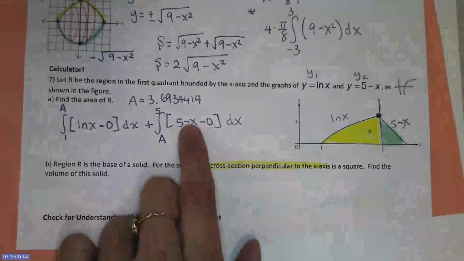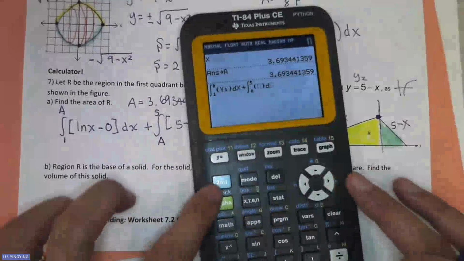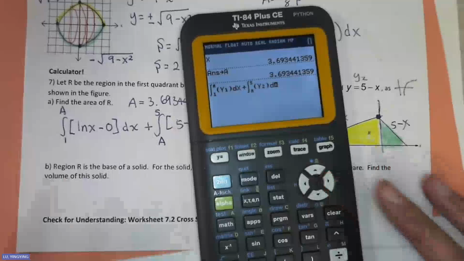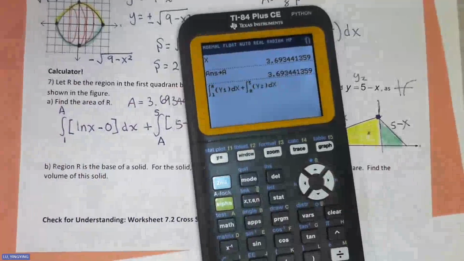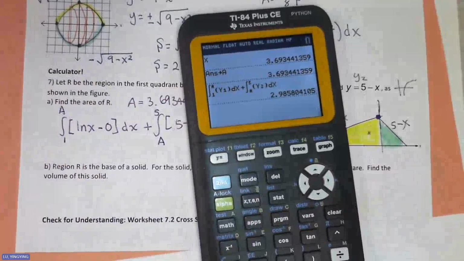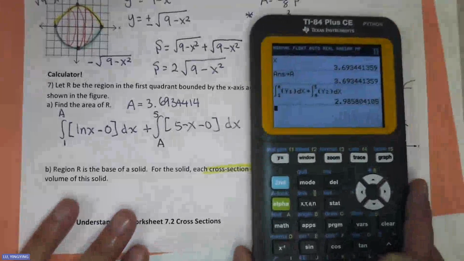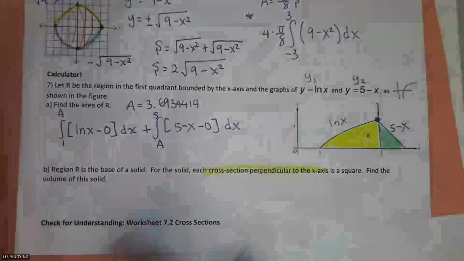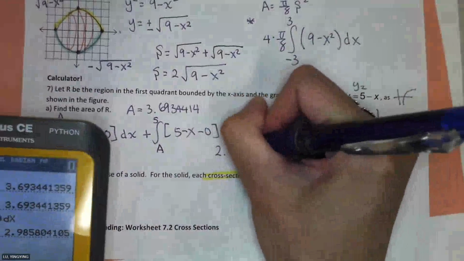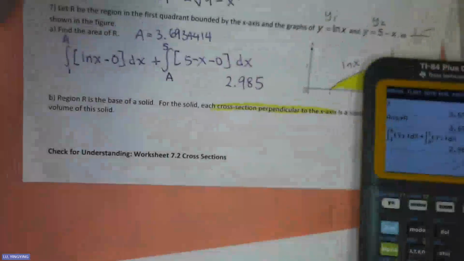This time it's y2 minus 0, so alpha trace number 2 and then x. That gives you the answer directly, 3 decimal places, whether you truncate or round doesn't matter. Everybody got that? I'm truncating because I don't feel like rounding.